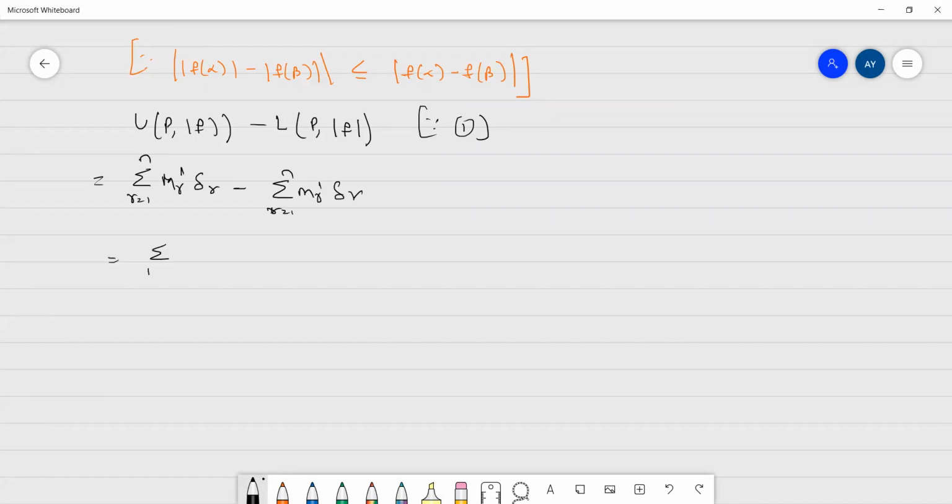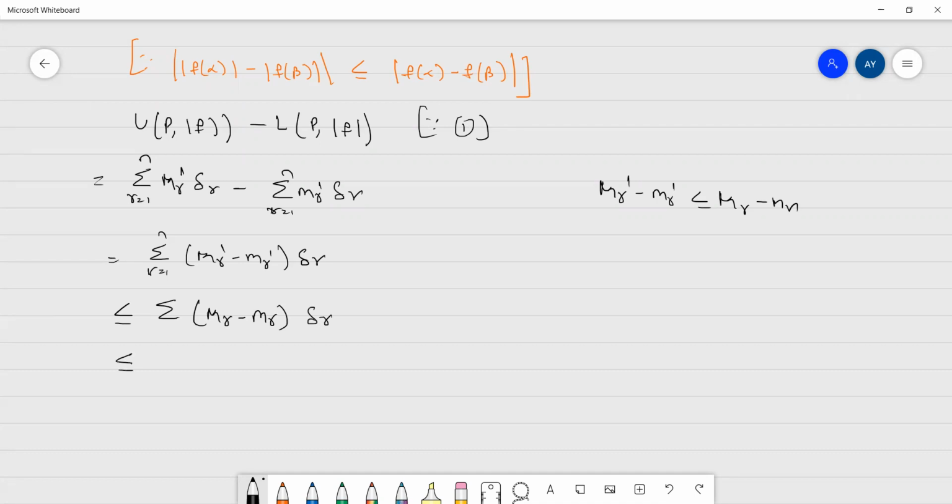You will get summation r equals 1 to n, taking delta r common, of M_r' minus m_r' into delta r. But what are M_r' and m_r' from 2? We have written M_r' minus m_r' is less than or equal to M_r minus m_r. So we can write this in place of this. So this is less than or equal to summation of M_r minus m_r into delta r, which is summation M_r delta r minus summation m_r delta r, r equals 1 to n.